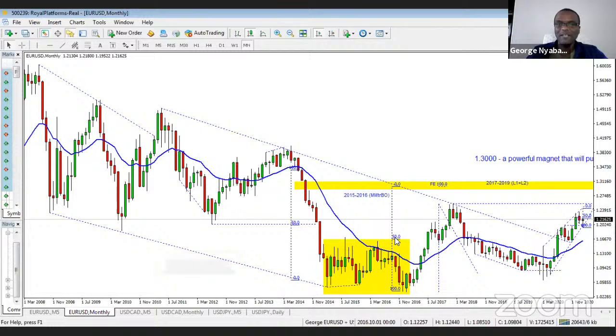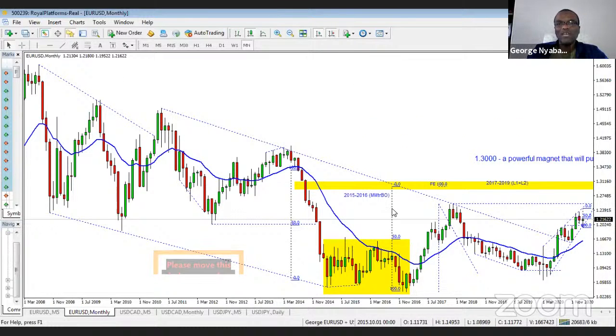So in this case, it should be breaking out of this trading range, and the measured move is right here. That measured move is one thing that I always mark and keep there. So this is the measured move, the TRBO measured move, trading range breakout. So the 2015, 2016 trading range measured move will be there. So I leave that there.